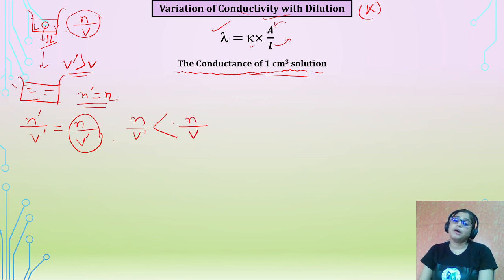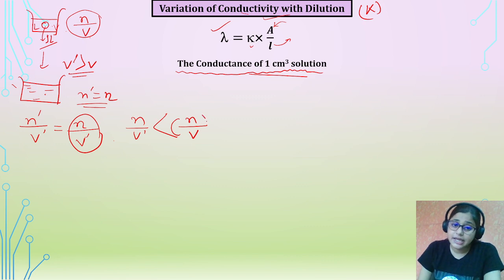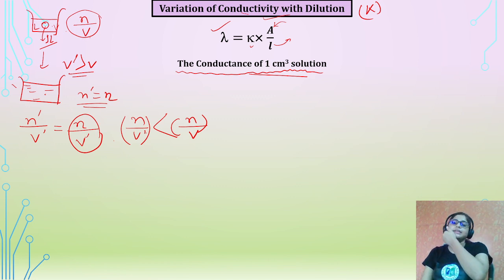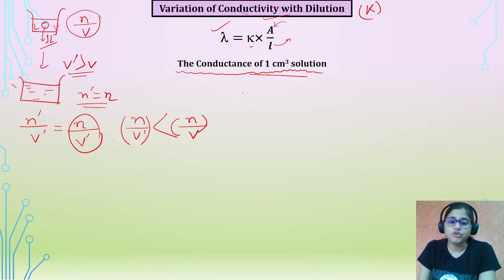Fine. So the number of ions in one cubic solution will be more in the first case, before dilution, than in the after dilution case, right? And the conductance actually depends on what? The conductance is proportional to the number of ions, obviously.